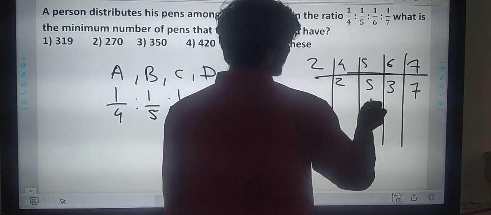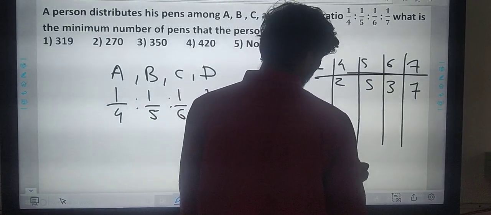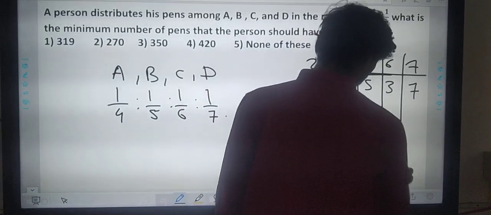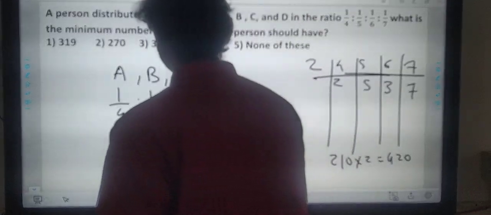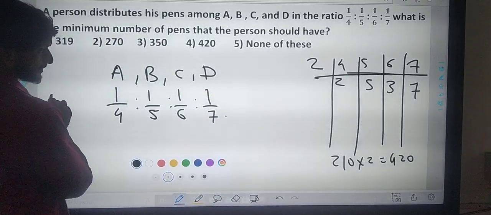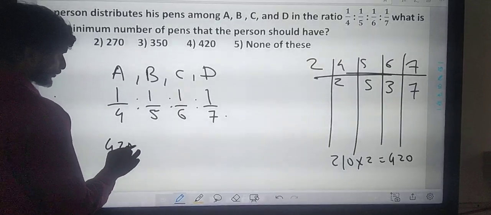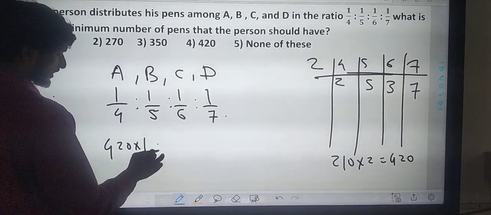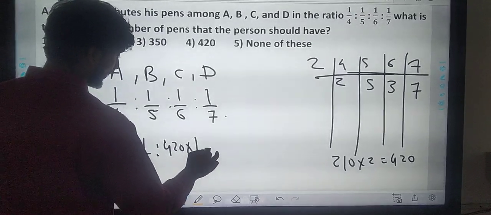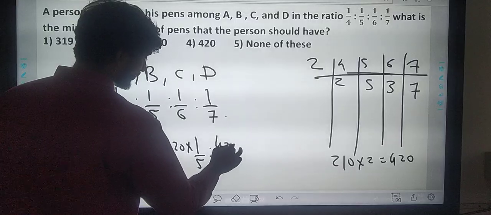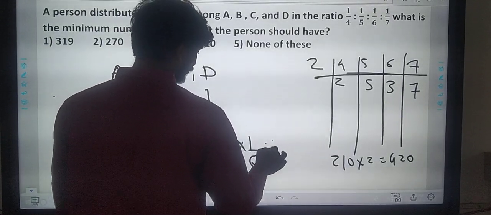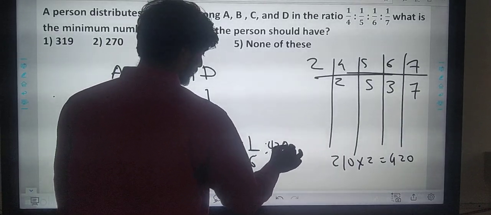Here 5 times 7 is 35, 35 times 6 is 210, 210 into 2, that is 420. Then the LCM is 420. We multiply by the LCM: 420 into 1/4 : 420 into 1/5 : 420 into 1/6 : 420 into 1/7.